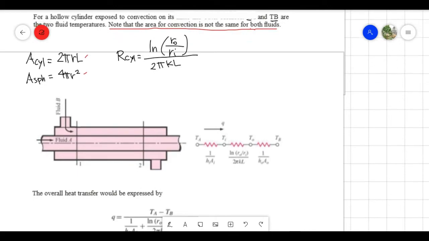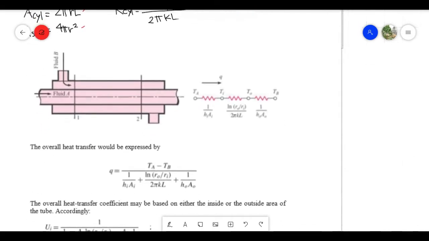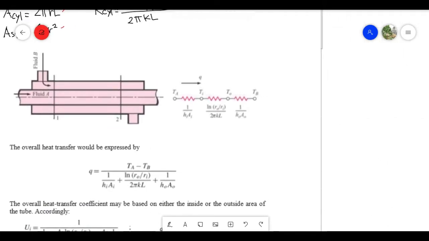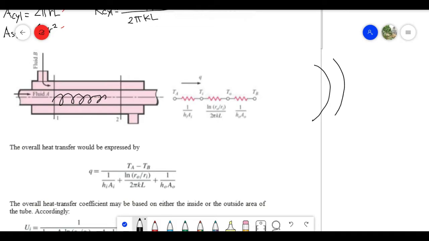So, consider natin drawing. Ayan, meron tayong cylinder wherein fluid B dumadaan sa labas nung cylinder. Okay, ito po. Ito pong sa loob na to. Bali kung drawing natin yung cross section niya. Of course, this is R inside.